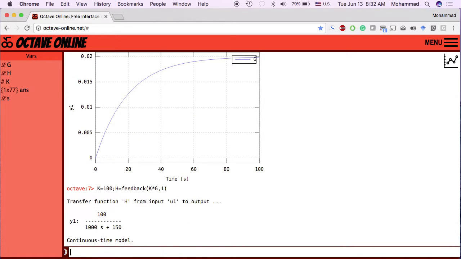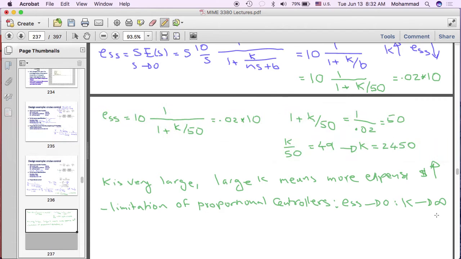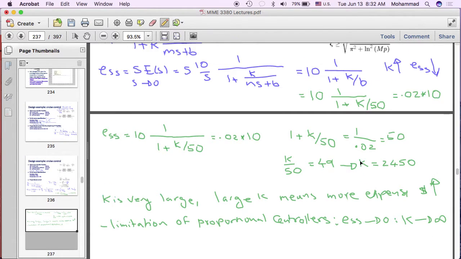So it goes ahead and calculates your closed loop transfer function. Now let's double check and see if this closed loop transfer function, 100 over 1,000 s plus 150, is what we would agree with.